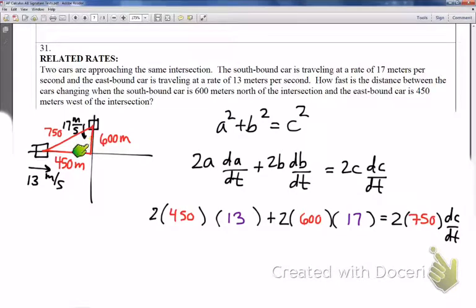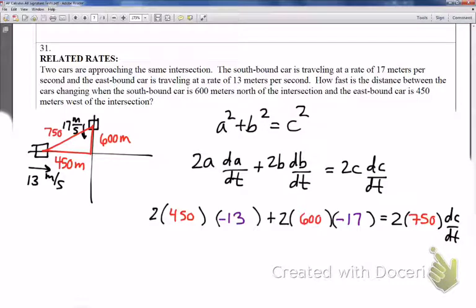So you have to think about how far this car is from the intersection, and whether the 17 meters per second is making this side get smaller or larger. Because he's going towards the intersection, that's making that side get smaller. Same thing with the 13. Because this car is going towards the intersection, it's making this side get smaller. So he's getting closer than 450 meters instead of further away, which means these two should be negative, because they're decreasing the length of that side.